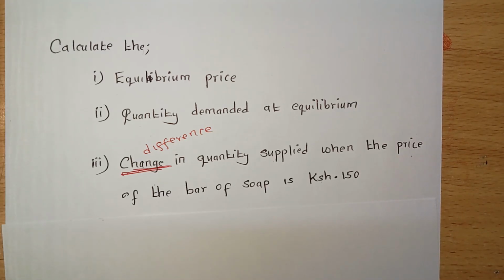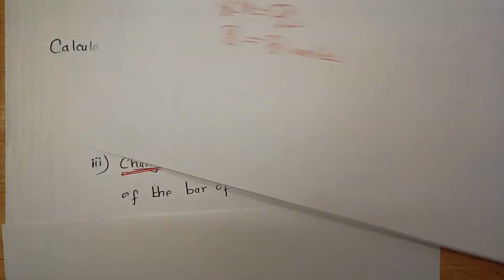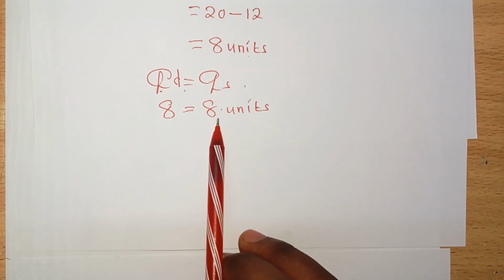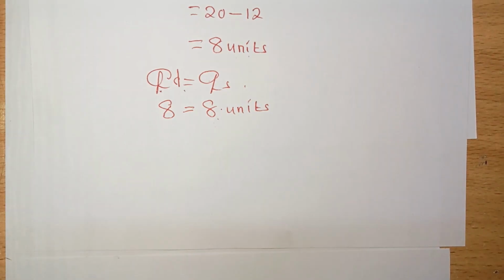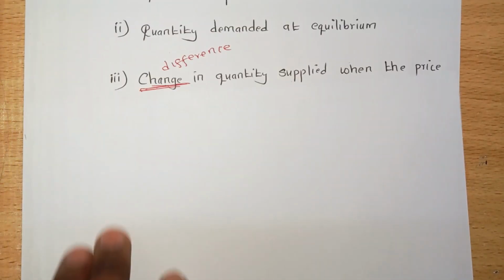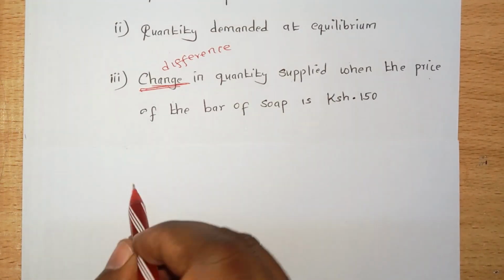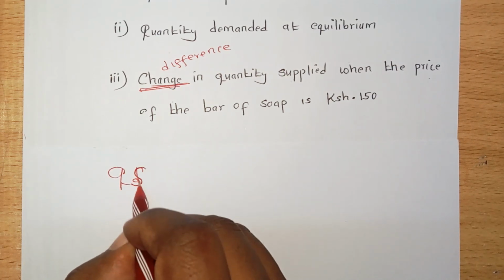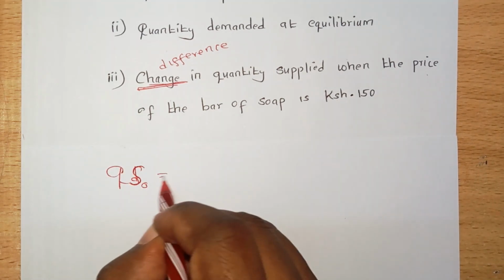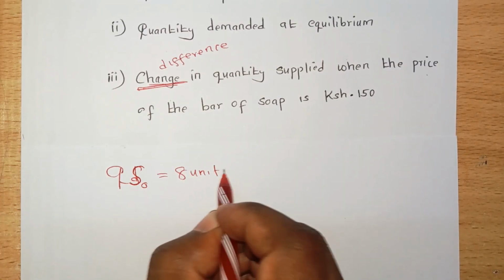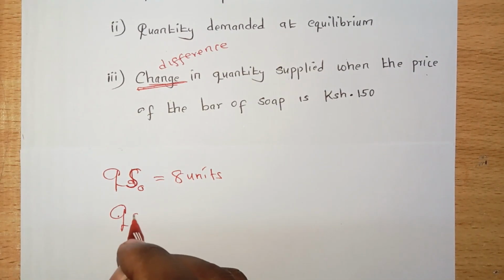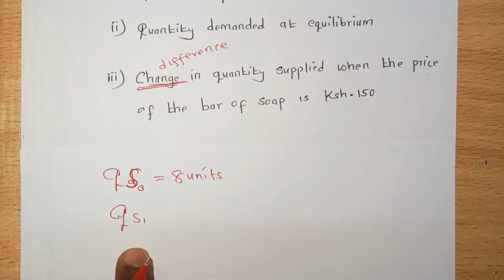Initially, we found the quantity supplied as 8 units. So we can say this is our old quantity supplied, that is QS0, it is 8 units. Let us now find the new QS1, or the new quantity supplied.